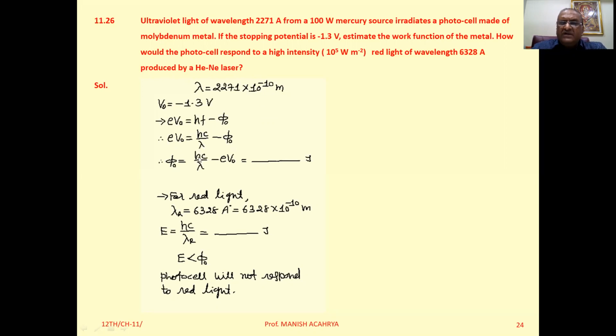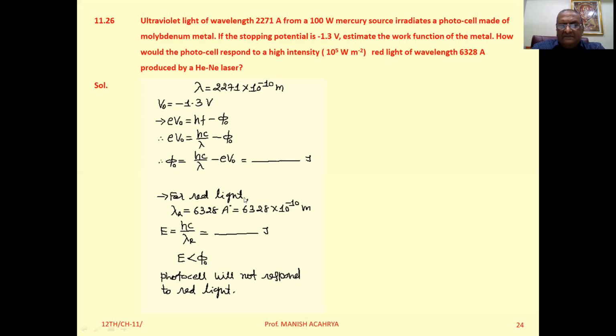So phi0, that is hc by lambda minus eV0. Now all the values h, c, lambda, e and V0 are given to you. Substitute the values and solve it. You will get work function in terms of joule. Then divide it by 1.6 into 10 raised to minus 19. You will get work function in terms of electron volt.